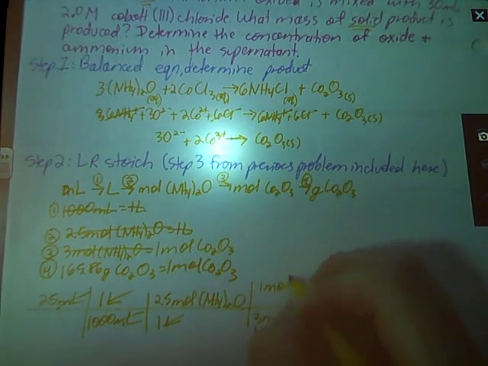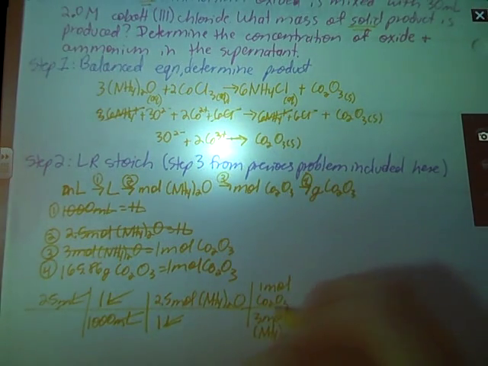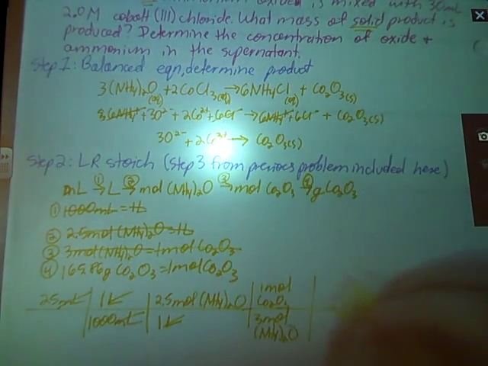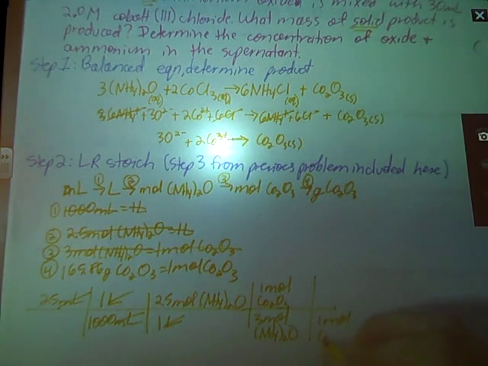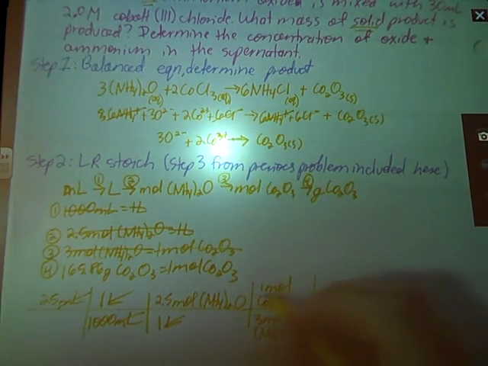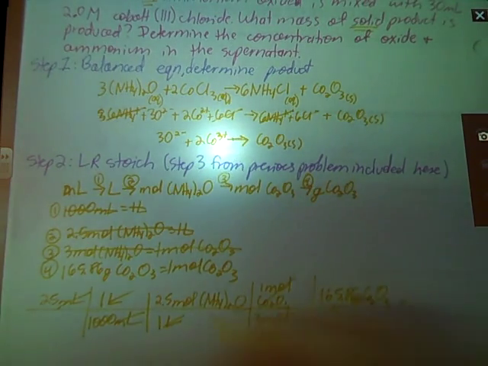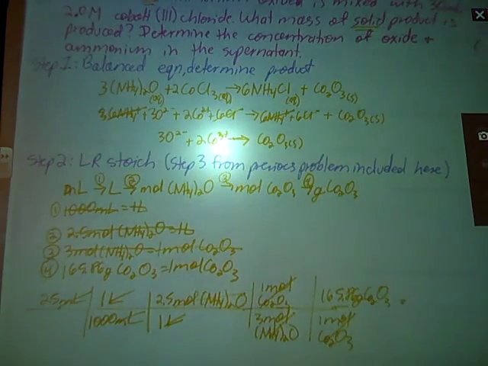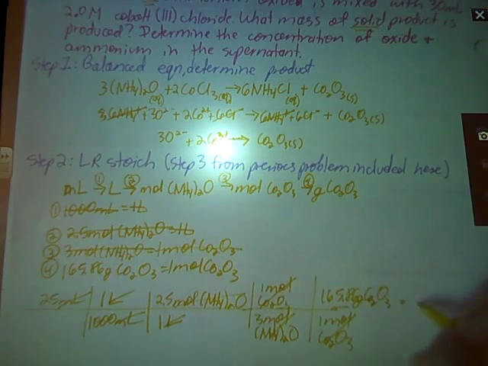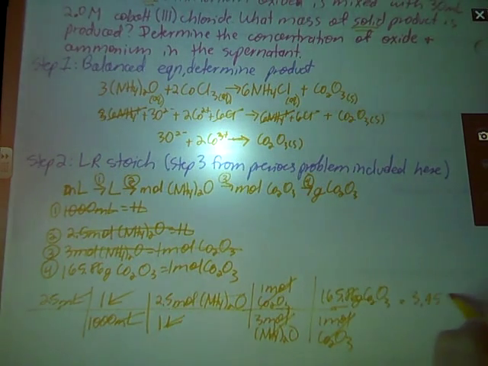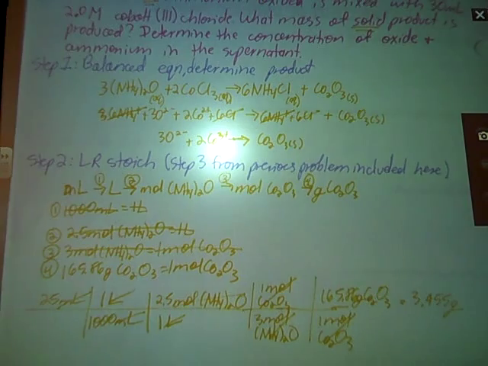Whatever number is next to a unit in your conversion factors, the same must be true in your boxes down here. Marvelous. Multiply all the way across the top, divided by all the way across the bottom. That gives us 3.455 grams of our solid, but I don't know yet if that's the answer.